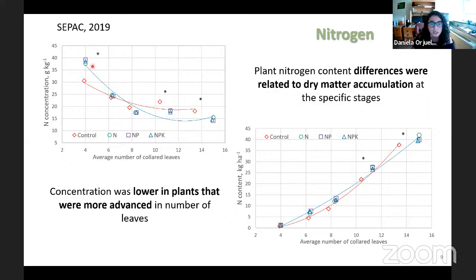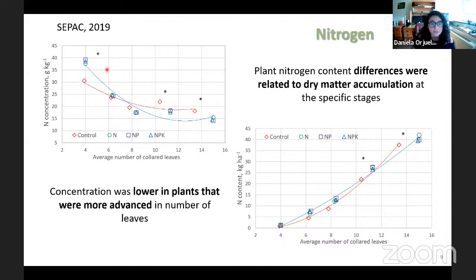But again, with the three different starter treatments, we didn't see any difference among them. So we again took the average of the three treatments and compared that with the control. And that difference is shown by the asterisks.